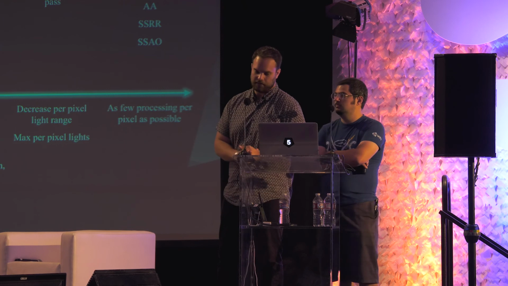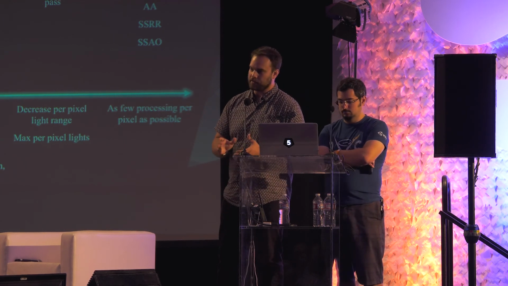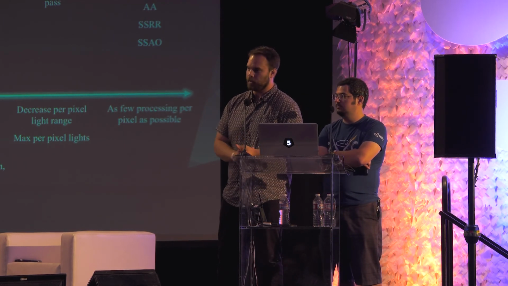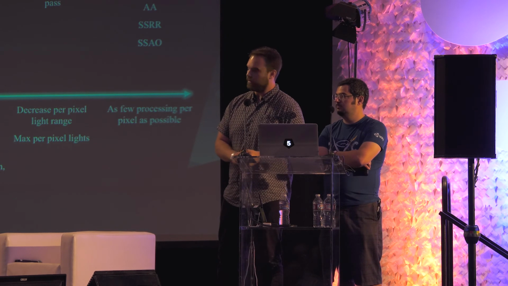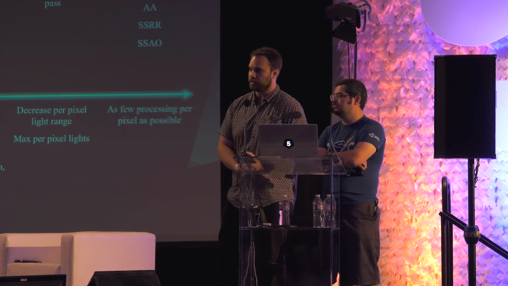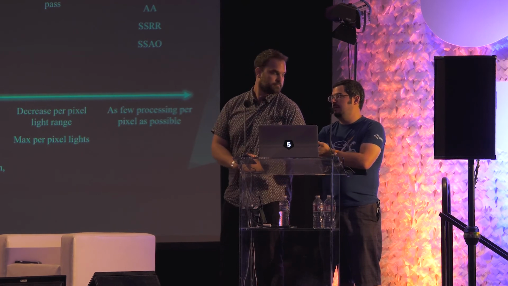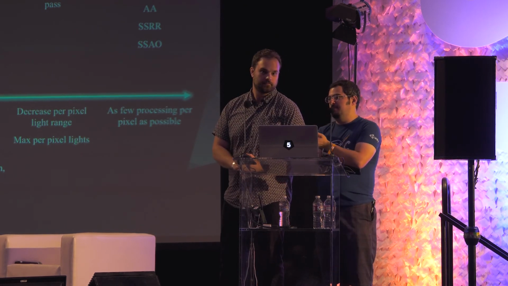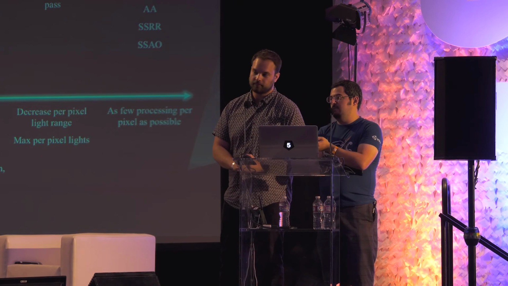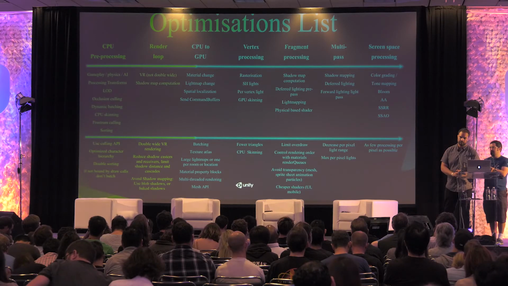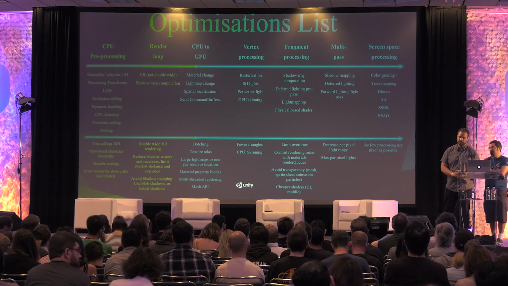A lot of everything we've talked about today applies to mobile as well. So all these optimizations are perfectly valid. That's one of the keys with VR, because the platform is so demanding, if you take a high-end mobile approach and just make it really extreme, that's good for desktop.